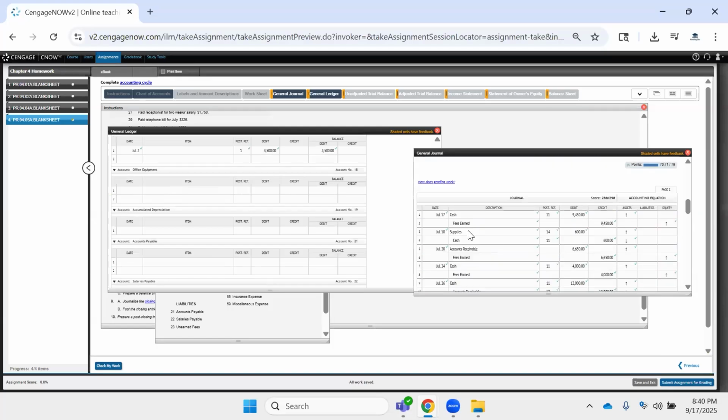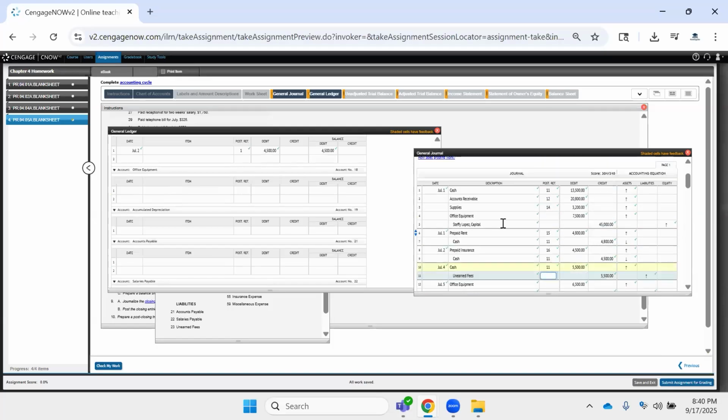Office equipment. We had our office equipment come in our funding entry, which is account number 18. And we can see that in our chart of accounts. This is July 1st.